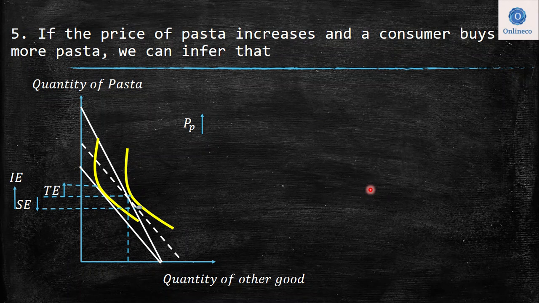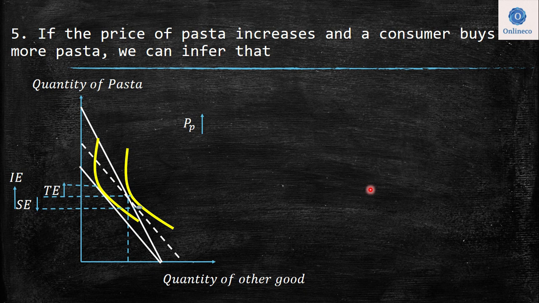So then remember a Giffen good. A Giffen good is a weird good that when the price goes up, you consume more. A Giffen good is like an inferior good. So when the income increases, in this case the consumption decreases.